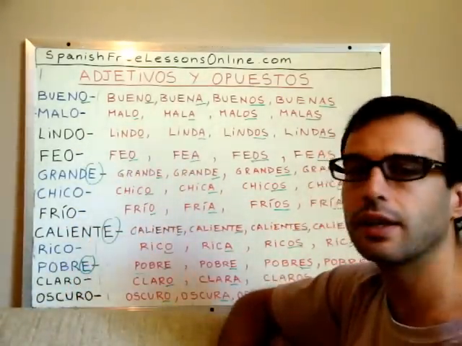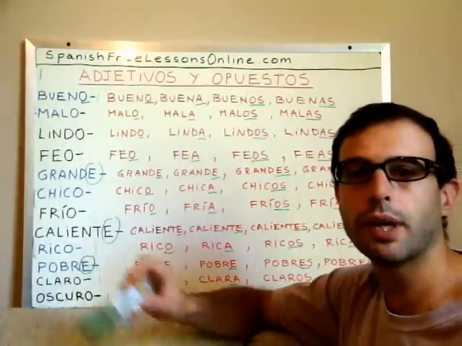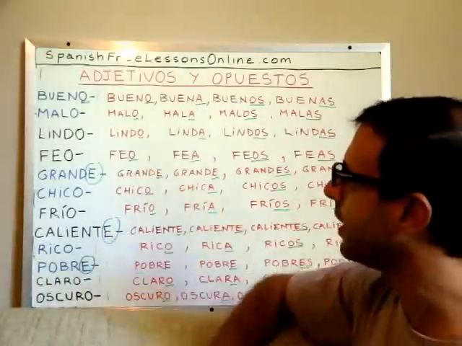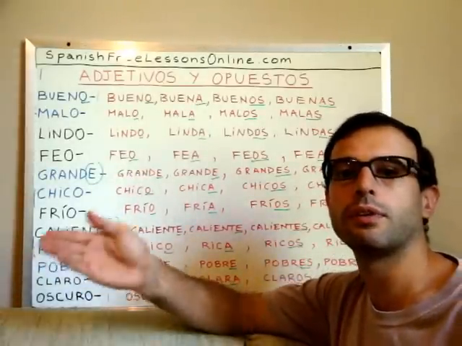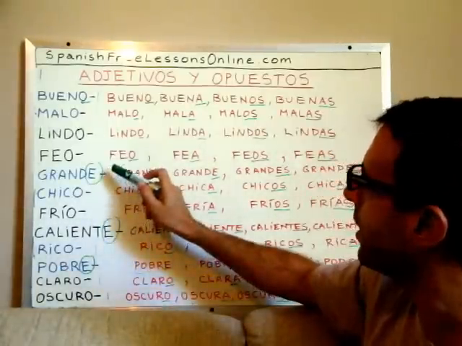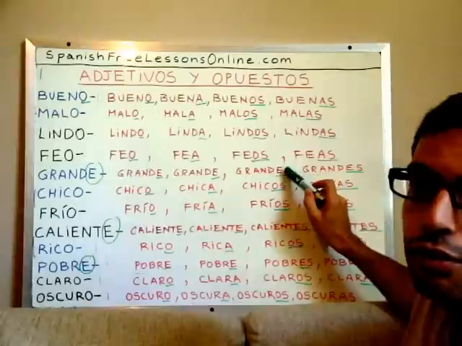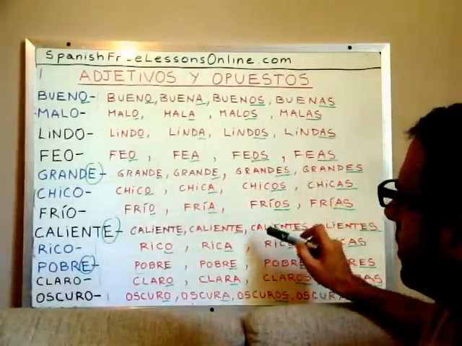But when the ending is not the typical ending of masculine or feminine, like E, then there is no changing its ending for masculine or feminine. It only adds an S, as we've seen, when it refers to a plural noun, like grandes, right?